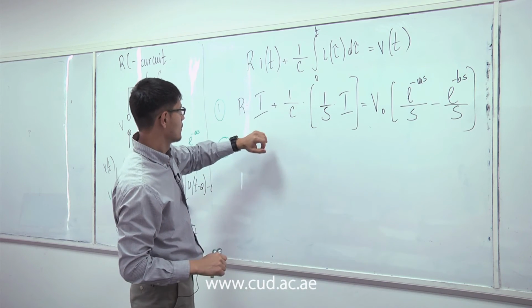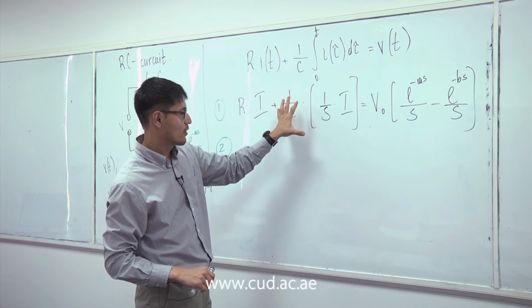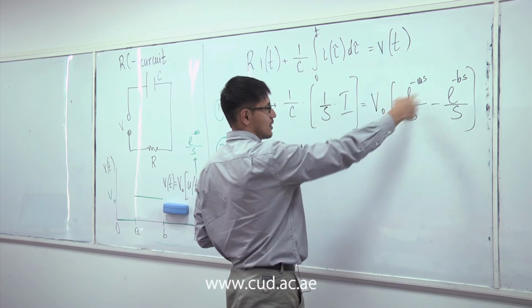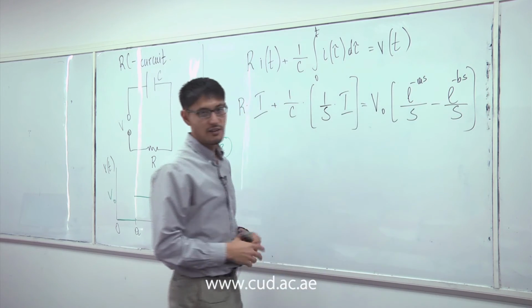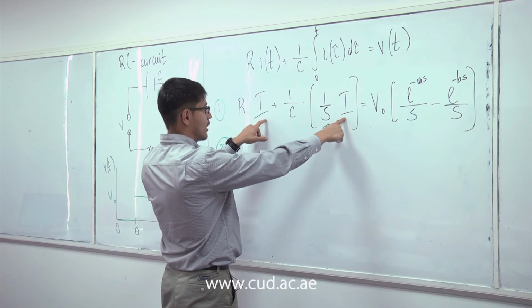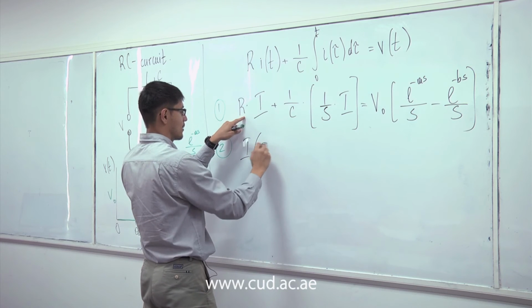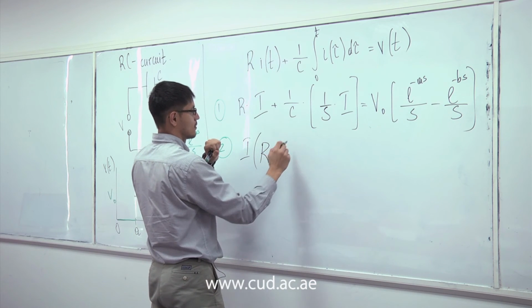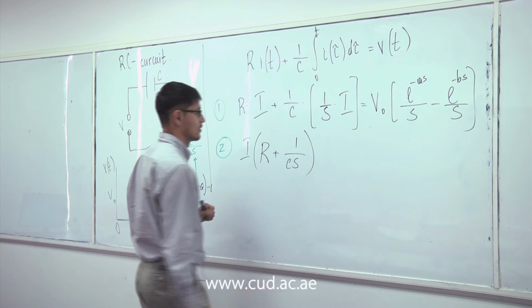Well, here, this term has capital I, this term has capital I, so they will stay on the left-hand side. And none of these terms have capital I, so they will stay on the right-hand side. So we don't really have to move anything in here. All we're going to do now is to just factor out I. So if I factor out I, I'm going to get capital R plus 1 over Cs.